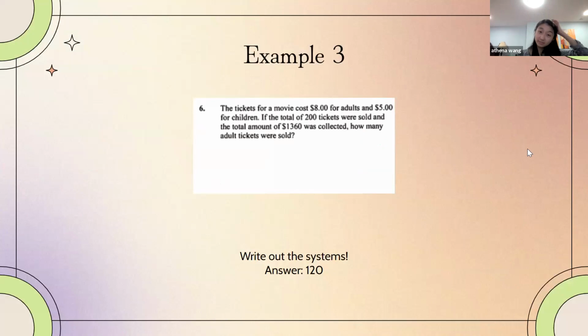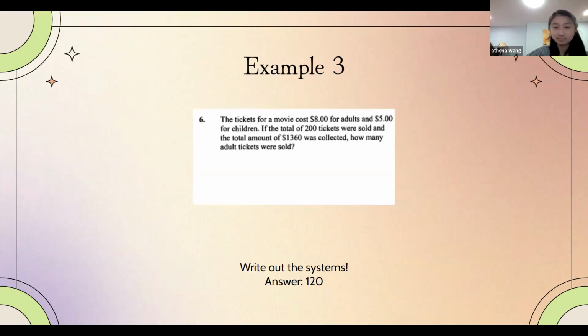So now for the next example, I'll give you 2 minutes again, and you can try it. Oopsie. Okay, I accidentally forgot to animate this, but you can try to get the answer, which is 120.